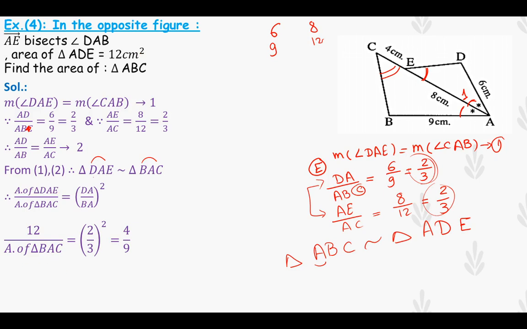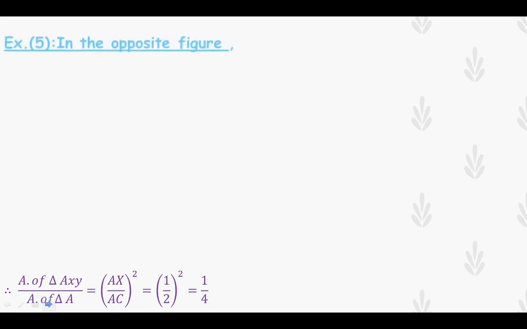DA over BA is one of the ratios, which equals 2 over 3, so it will be 2 over 3 to the power 2. In the simplest form, it equals 4 over 9. Cross multiplication, so the area of triangle BAC equals 9 multiplied by 12 over 4, which equals 27 centimeter square. You can see in this example that we used the third case of similarity theorem, with the area of triangles.